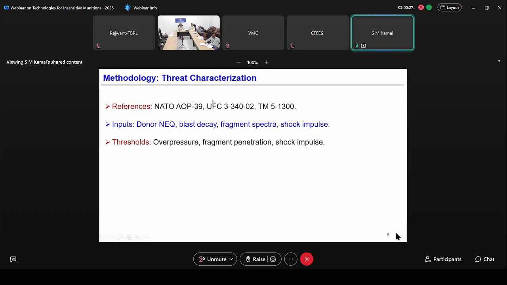We're thinking to consider 4 to 5 explosives for this purpose. And then we'll consider the input hazards such as donor NEQ, blast decay, fragment spectra, and shock impulse. We'll also set our thresholds for safe design, such as the threshold overpressure, fragment penetration, and shock impulse.